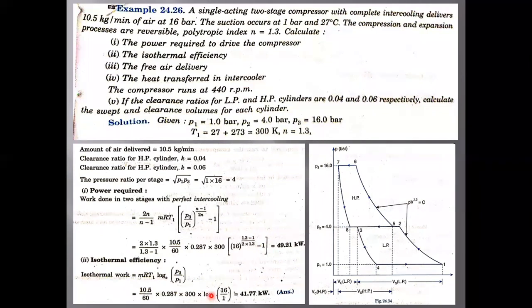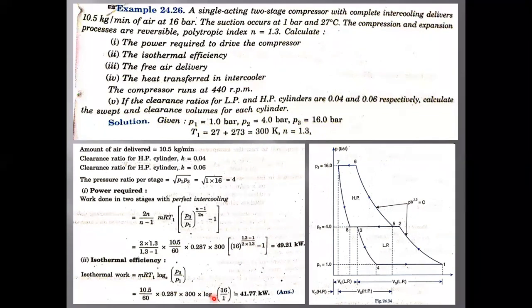Log e means ln here. While in the calculator you may go for log to the base 10, but you need to go for the ln value. Ln of 16 by 1 value you need to take. So please keep that in mind while calculating this value with the calculator. Please take ln here, not log to the base 10; log to the base e, that means ln.